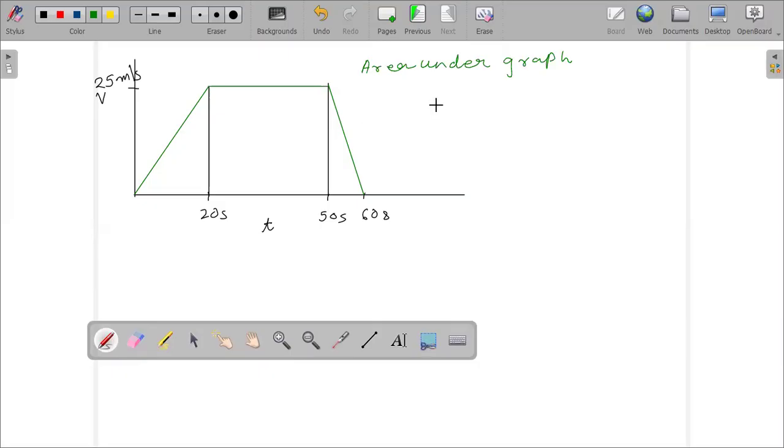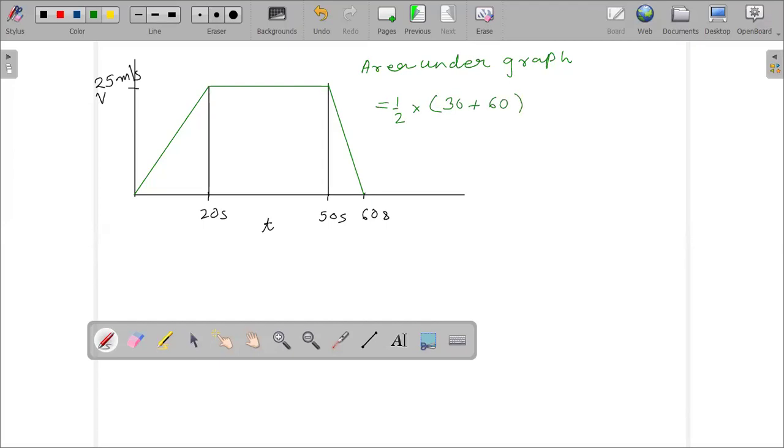Yes, you can do that, or you can just use the formula for the area of a trapezium. So area of trapezium would be 1 by 2 multiplied with the sum of parallel sides. These two parallel sides, this is 30 and this side is 60. So you get 30 plus 60.